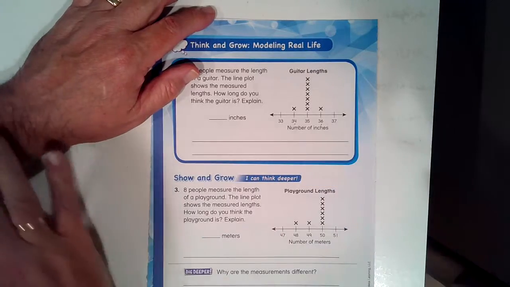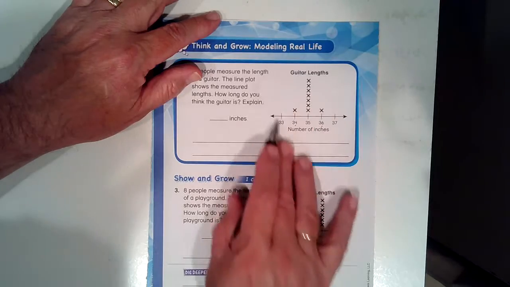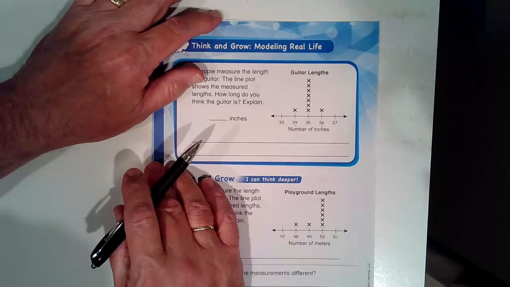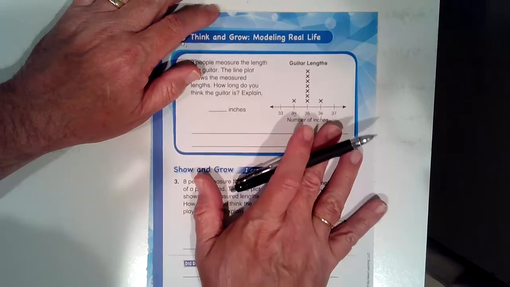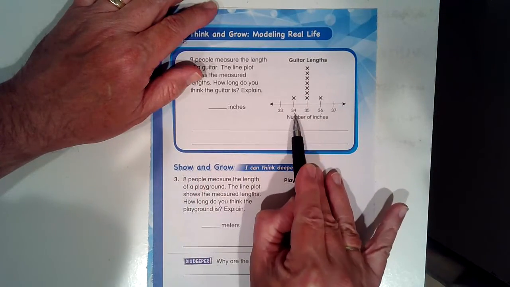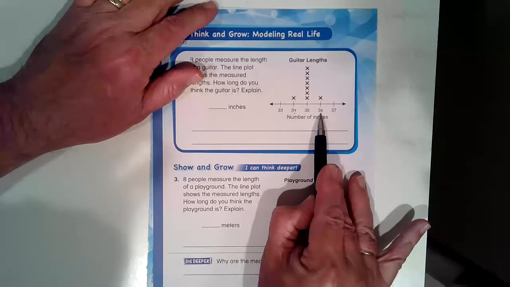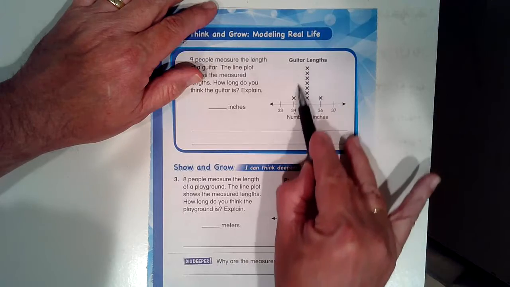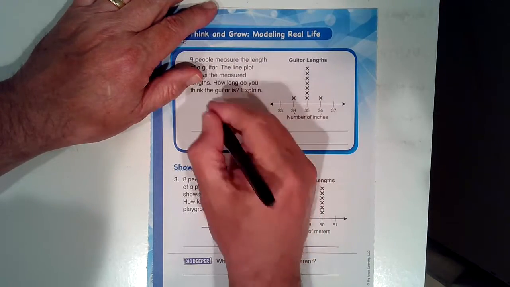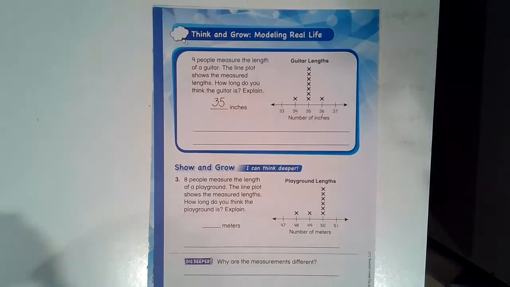Why do you think? How can we figure out what the real length of the guitar is? Well, in my brain, I'm going to say if only one person chose that and only one person chose this, then most of them are choosing 35. I'm going to say 35 is the length of the guitar.